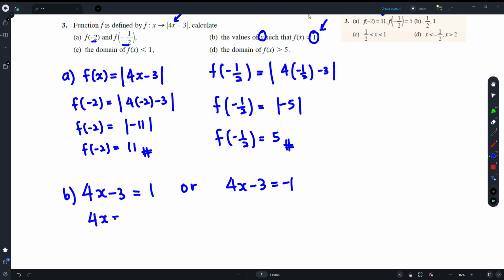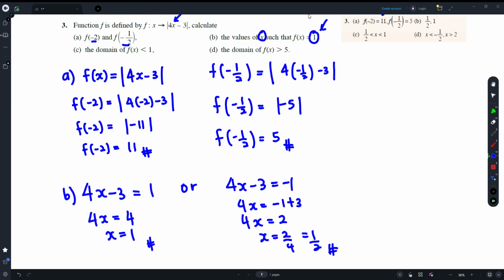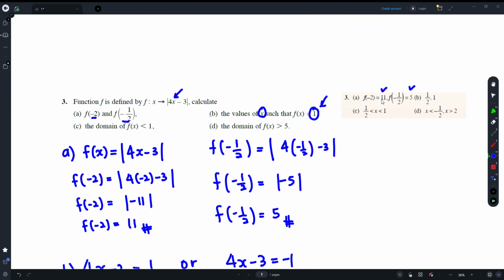So 4x is equivalent to 4. Therefore, x equals 1, or 4x equals negative 1 plus 3. Negative 1 plus 3 gives 2. Therefore, x equals 2 over 4, which is 1 over 2. So there are two answers: x equals 1 or x equals 1 over 2. That is the answer here.